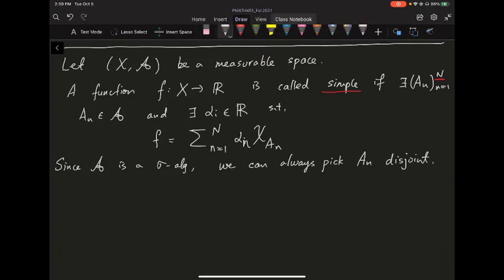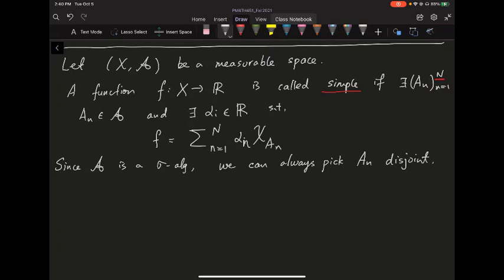So we saw simple functions basically form an algebra of functions from last class, and we also had a remark in the last video saying that if you have a sigma algebra, or in fact you only need an algebra, then you can always pick these A_n to be disjoint. Otherwise, you can always break them into disjoint subsets and do the linear combination that way.